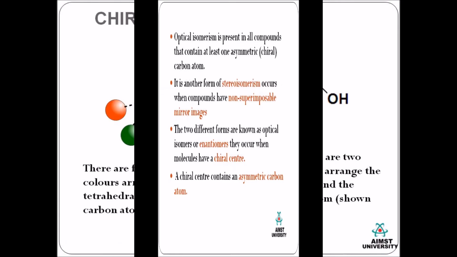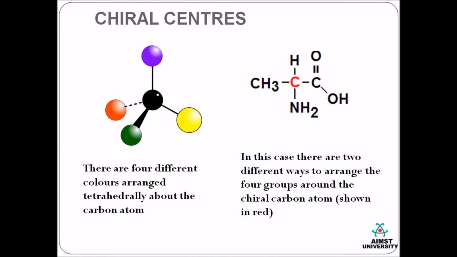Chiral centers. Here you can see an example of a chiral center. A carbon atom that is attached with four different groups or four different atoms is called a chiral carbon. In the picture you can see a black colored ball, denoting the carbon atom, attached with four different colors around the carbon atom, which are arranged tetrahedrally.